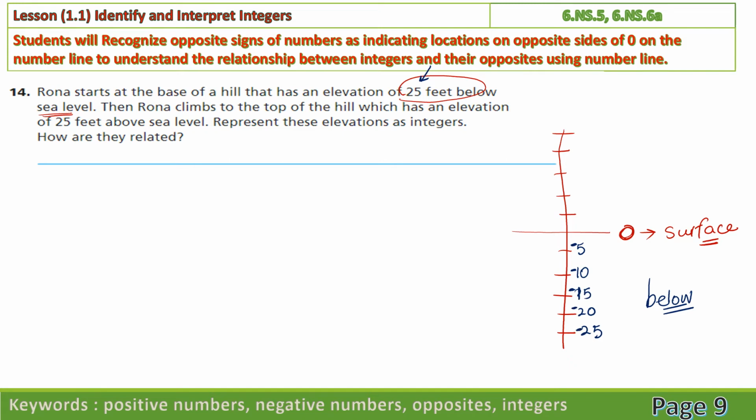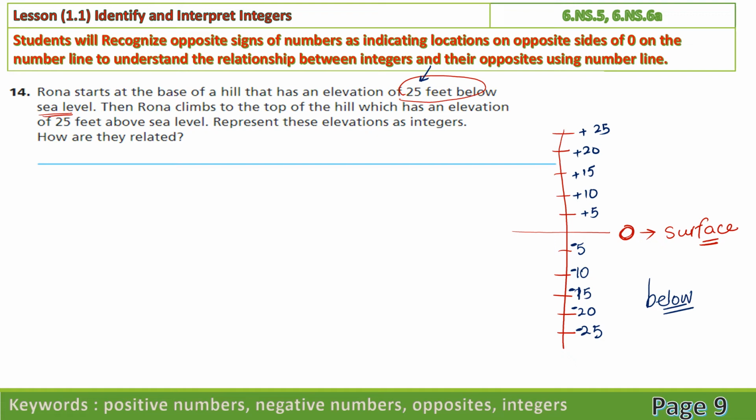The numbers written above the surface will be positive, with the same distance as the numbers written below the surface. Whatever distance you take below, the same distance you have to show above the sea level. Now Rona, first of all, is at the base of the hill that has an elevation of 25 feet.